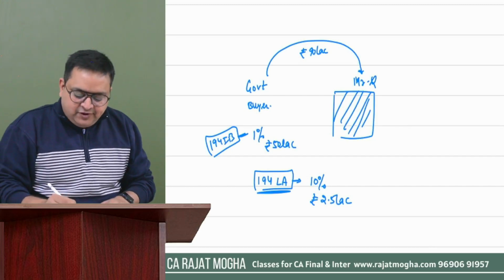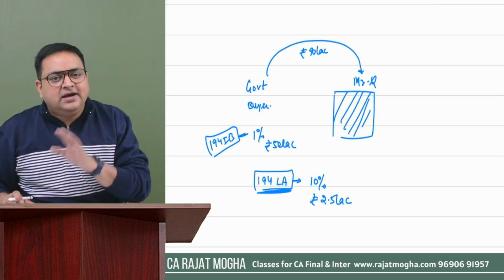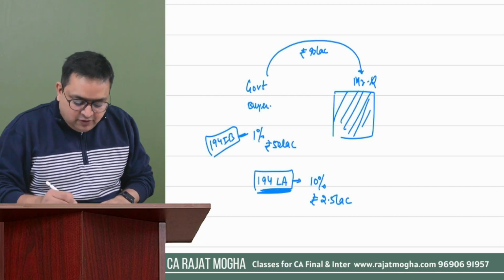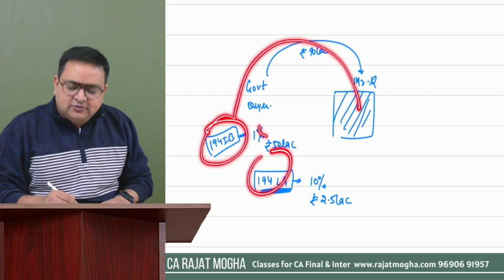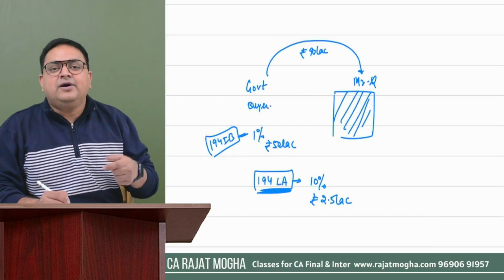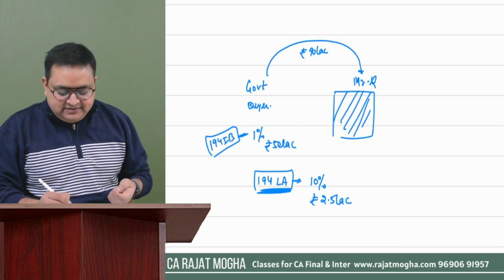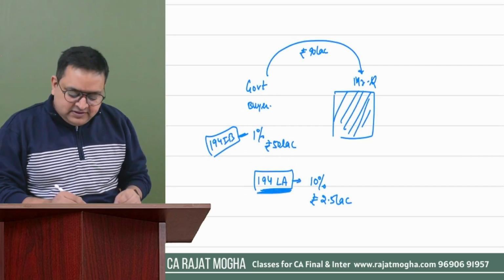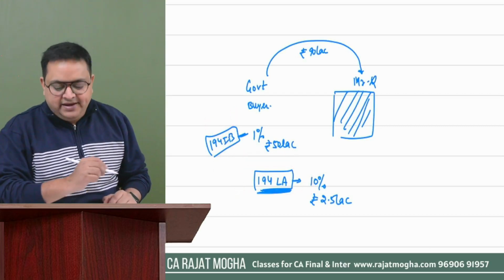So 194LA says that if you are compulsorily acquiring any property other than agricultural land, then 194LA will apply. See, here also in 194IB, you are buying this property. LA is also a sort of buying, but LA is a kind of compulsory acquisition. So for compulsory acquisition, we have a special section. If it's a case of compulsory acquisition, then 194IB will not apply; 194LA will apply, right?